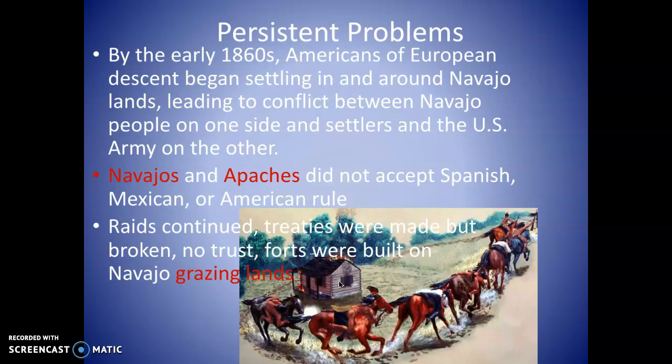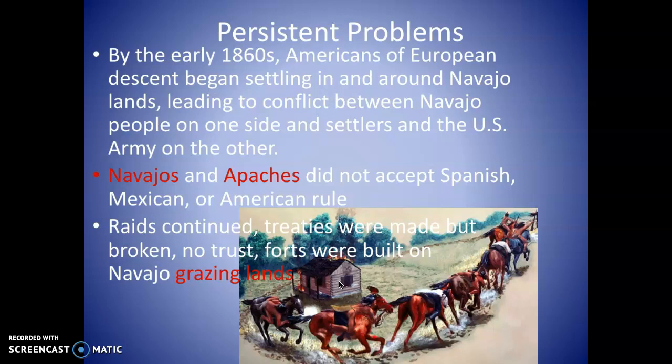During this time period, there were persistent problems in New Mexico. By the early 1860s, Americans of European descent began settling in and around Navajo lands, leading to conflict between Navajo people on one side and settlers and the U.S. Army on the other.